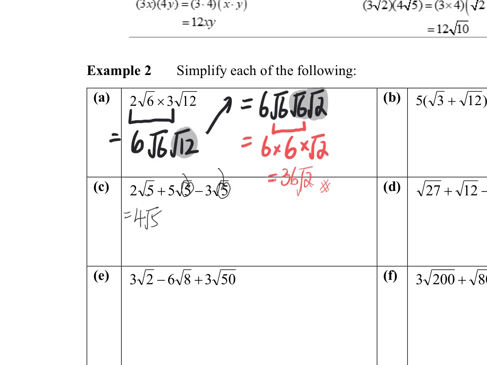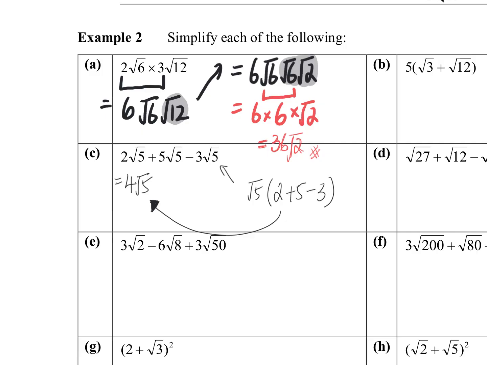So just treat it as algebra. Like the root 5 is an object. Okay, if it helps you to see better, you can take out the root 5. So 2 plus 5 minus 3. Then you will also get this. Okay, but not needed. You can straight away simplify like that. It's like you have 2 root 5, you have 5 root 5, and you have 3 root 5. Just simplify them.